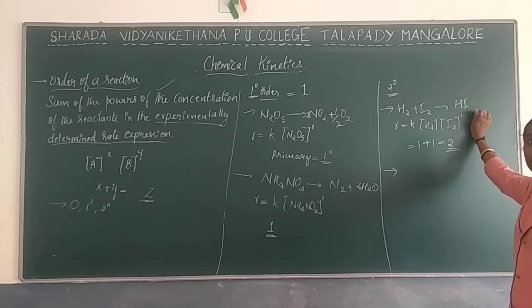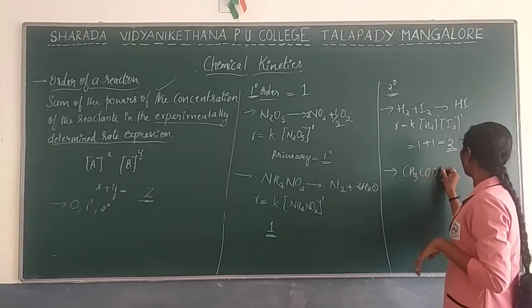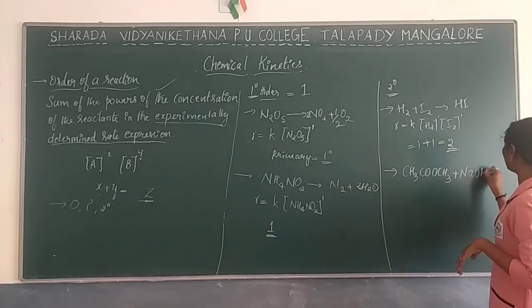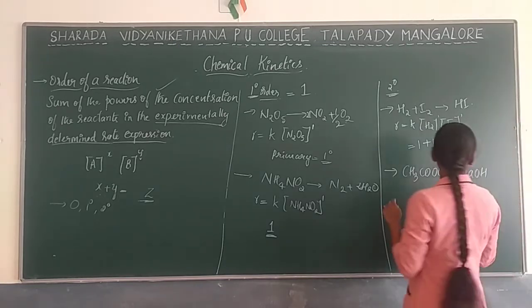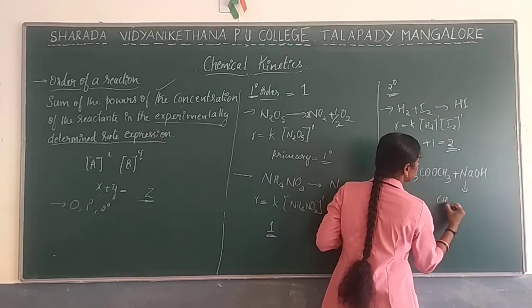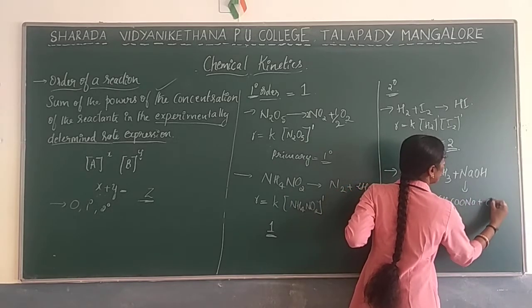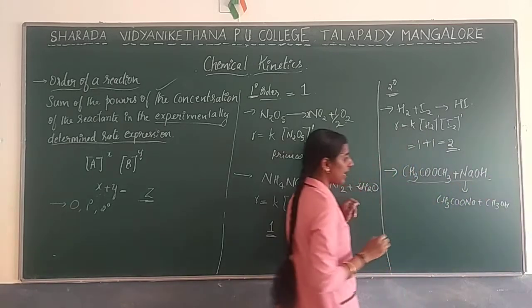Some more reactions you can take: the saponification reaction. We have learned saponification from 10th standard, right? So what will be the product over here? The products are CH3COONa plus CH3OH. These are your reactants, right?